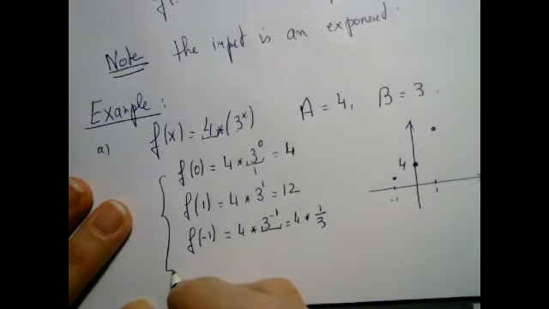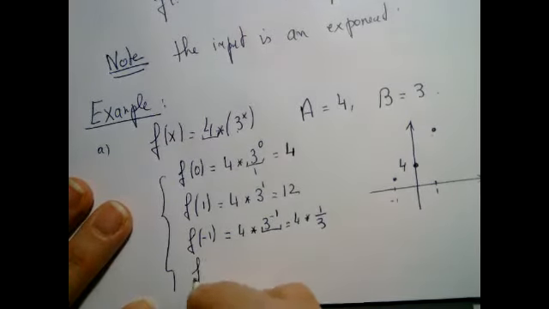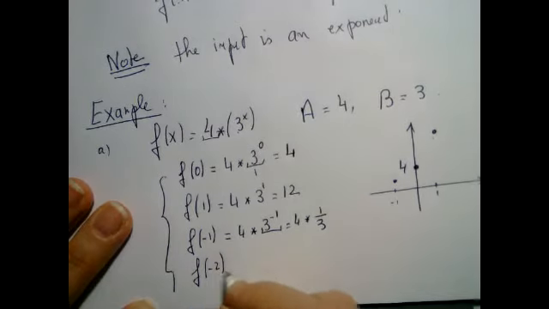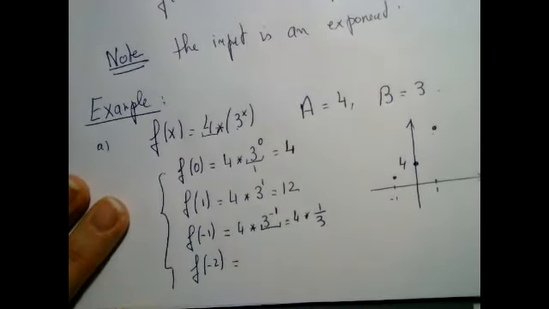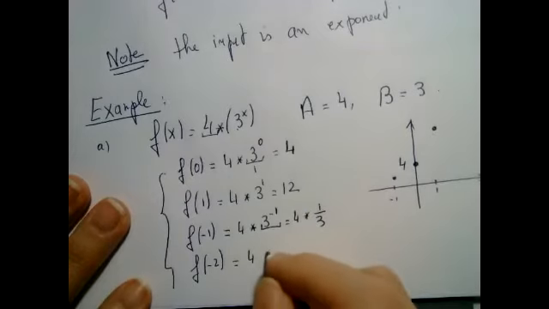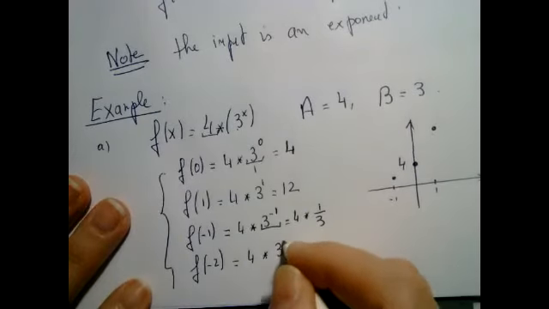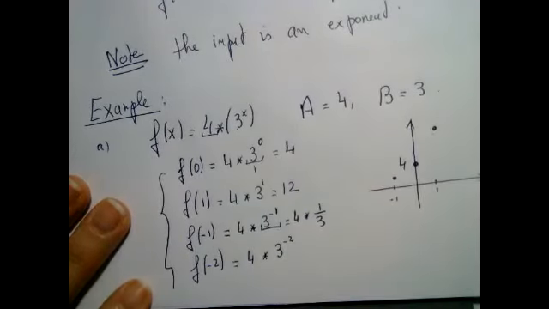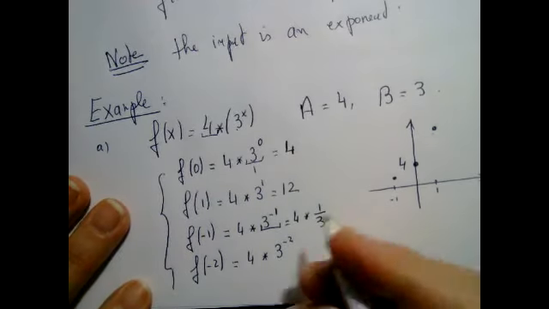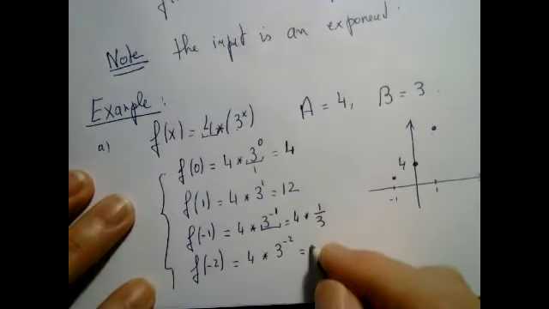Okay, I will compute one more value just to make sure. f of minus 2. It's 4 times 3 to the negative 2. So now we're making sense out of this function because we studied those exponents.